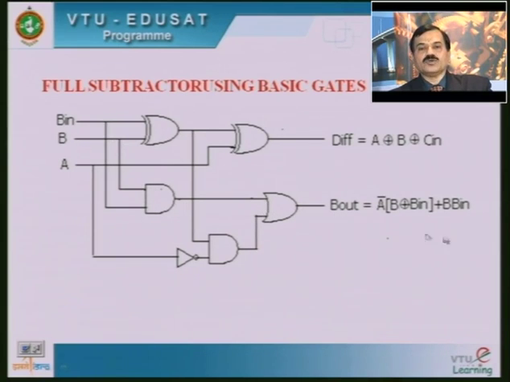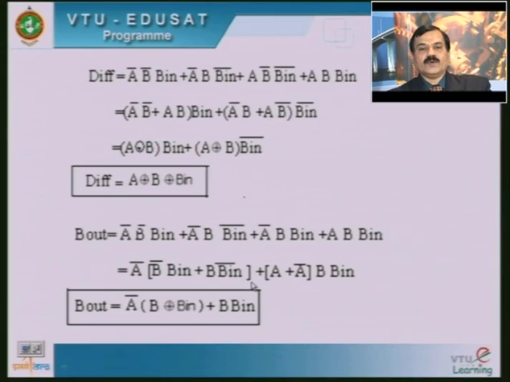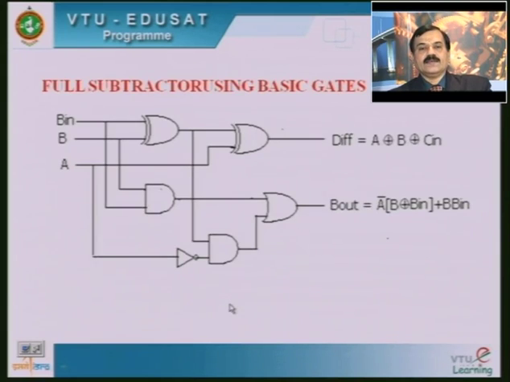Then the final B out is seen as the equation outcome, whatever we saw in the previous slide. So we are able to say this is the full subtractor using basic gates.